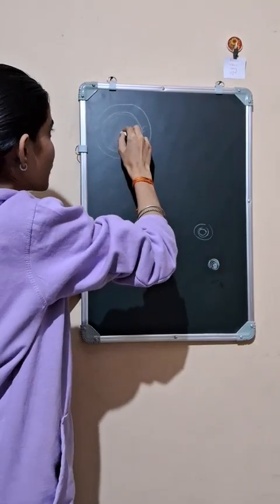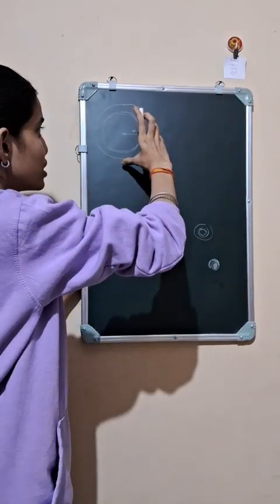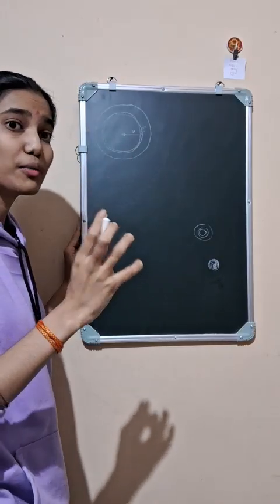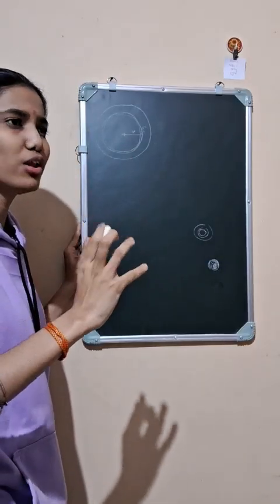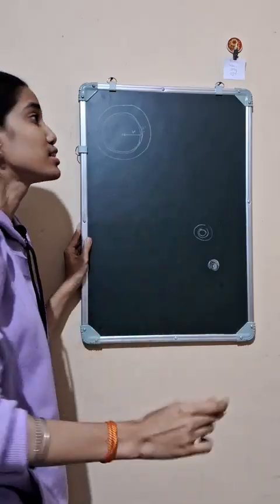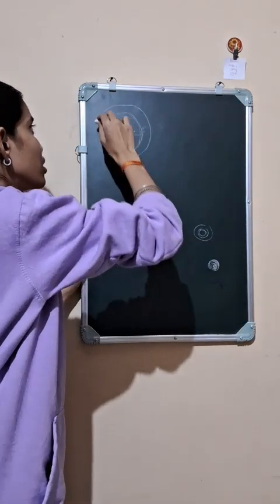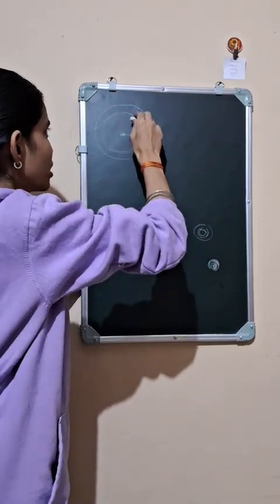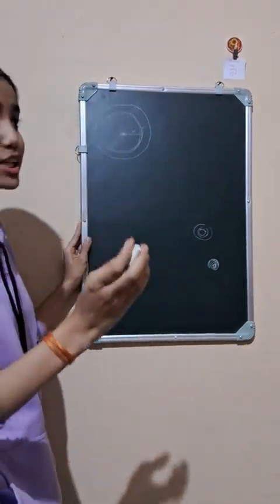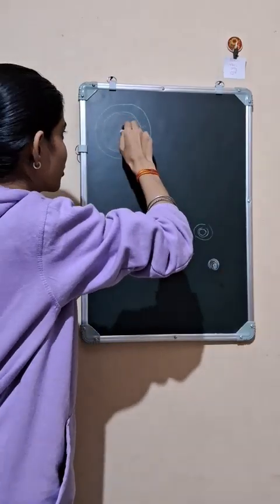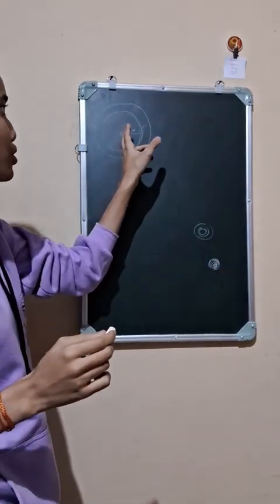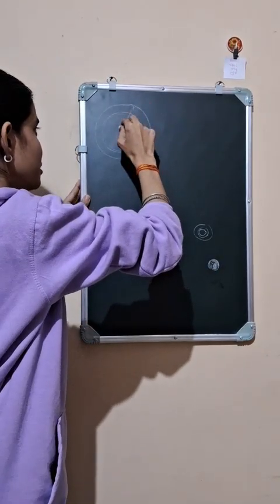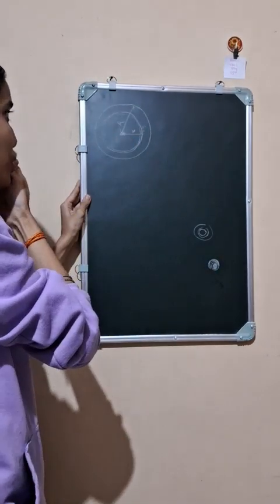So actually this solid sphere is made up of an infinite number of small spherical shells starting from this point to ending at this point, right? So if I consider this elemental spherical shell, this will start from radius 0 until radius R. Suppose this sphere has the radius of R, right?